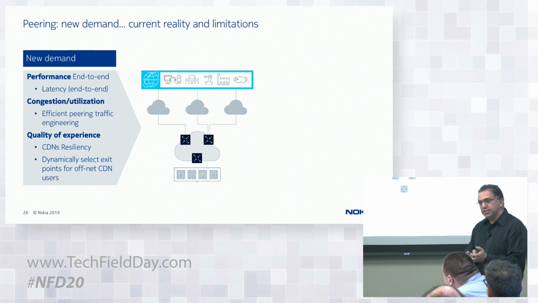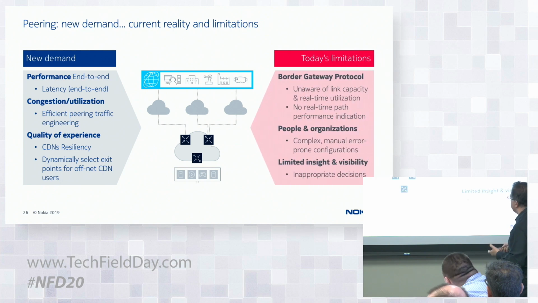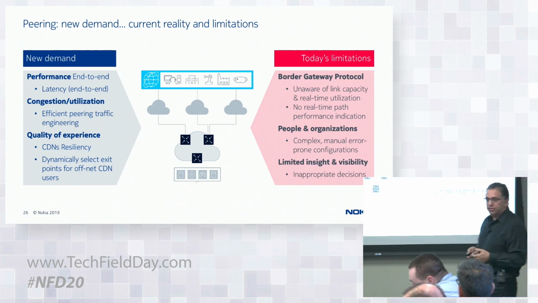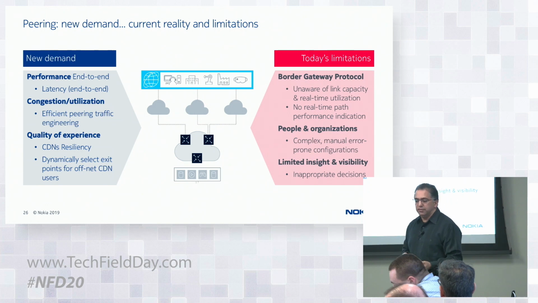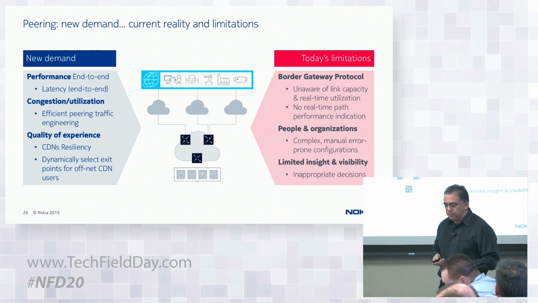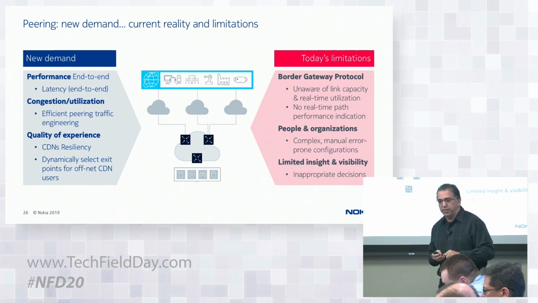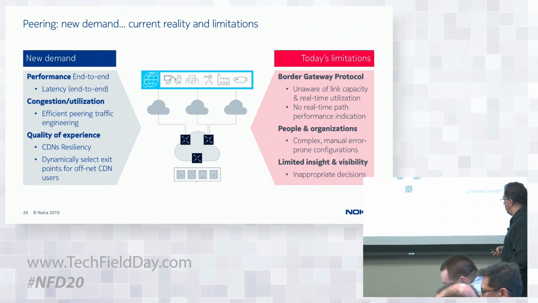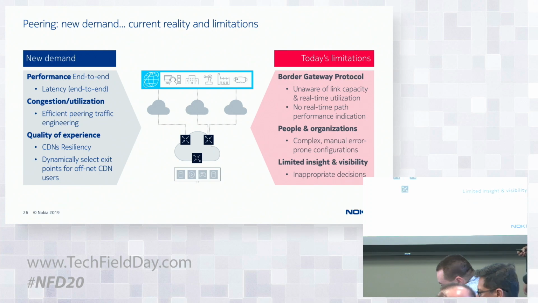So we looked at this set of problems and this set of requirements. And we looked at the reality of today, some of which we already know. First of all, the limitation within the protocol, the toolkit that we use. Today, BGP is the dominant protocol for inter-domain routing within the internet part, service provider part and customer part.